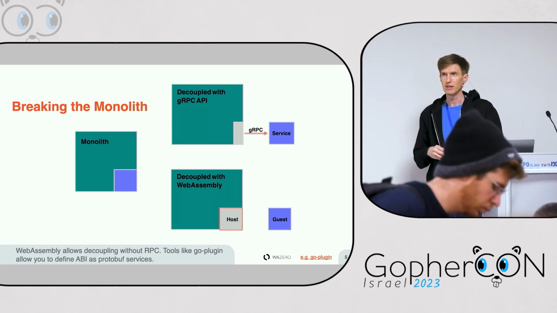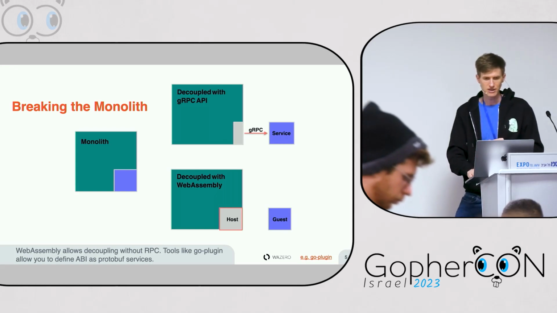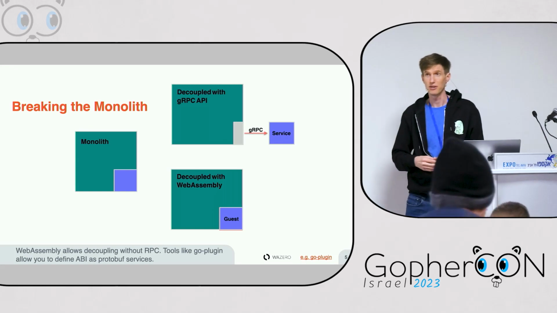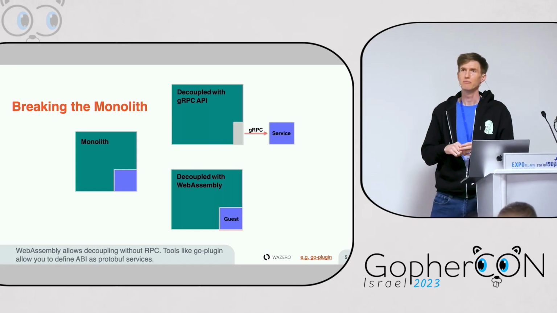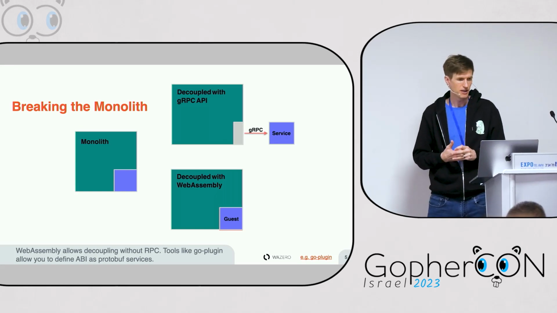In WebAssembly, you can still do monolith-breaking type of work, but at the end of the day, it's actually running right back in the same process as the other things. So it's an interesting way to do modularity while still using exactly the same process.